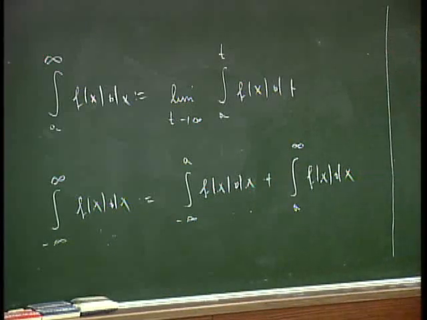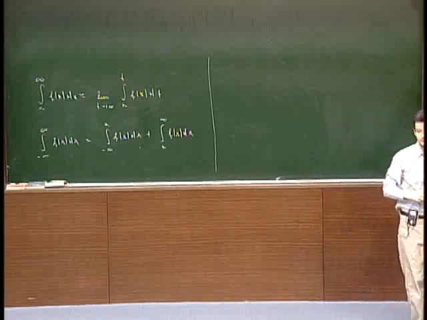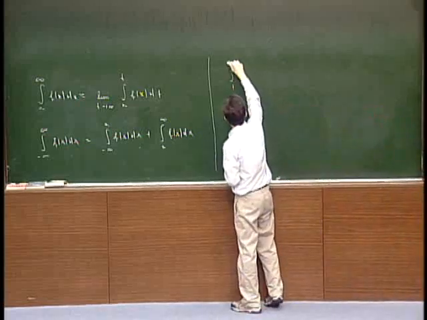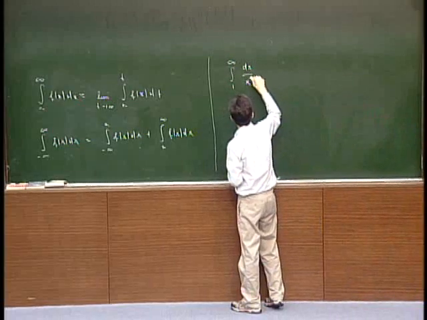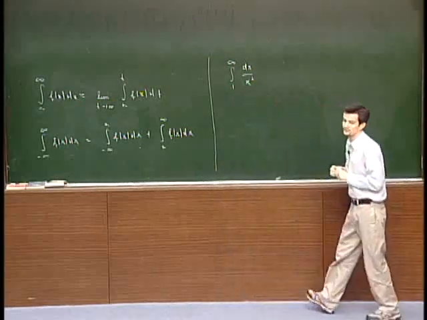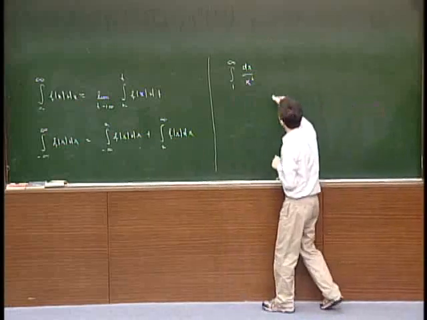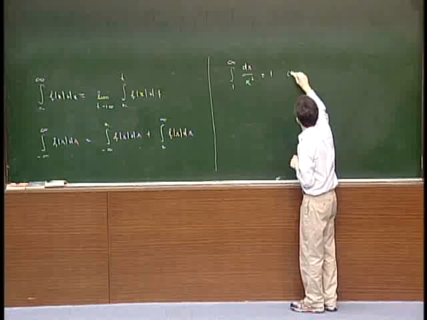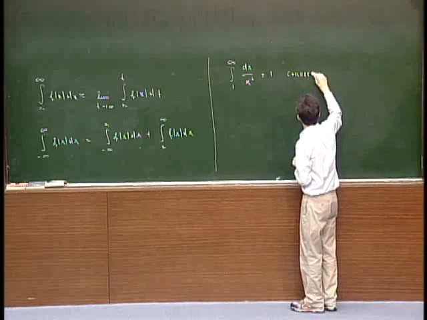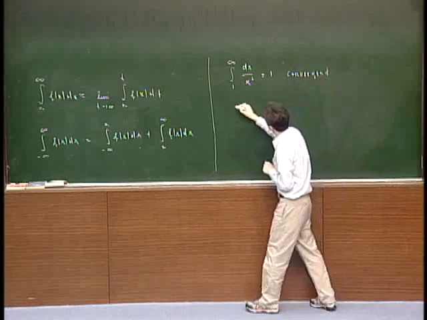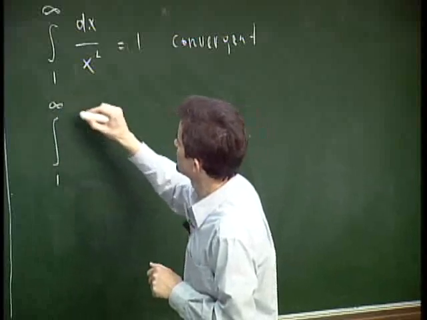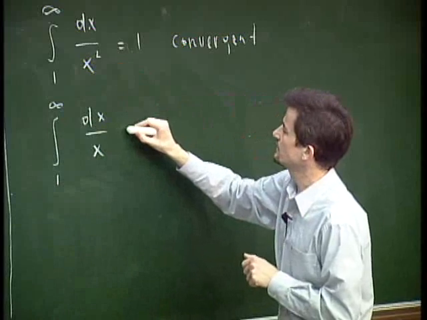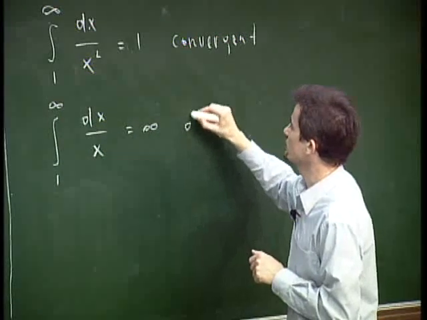Okay, so last time we started to discuss already a couple of examples. We saw that if you look at the function 1 over x squared, then this integral is convergent, and the value is equal to 1. And we saw that for the integral dx over x, if we replace the power here by 1, then this integral becomes infinity, divergent.